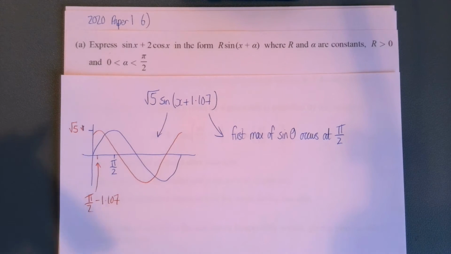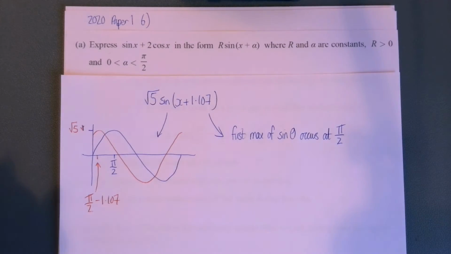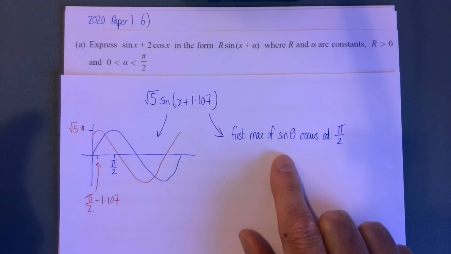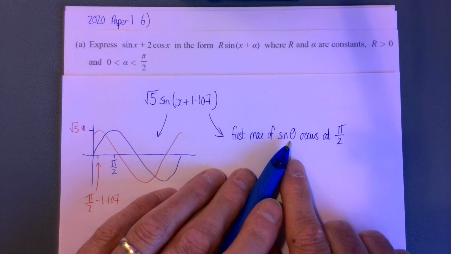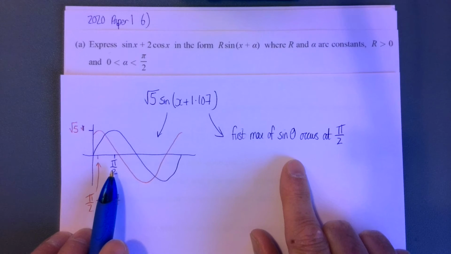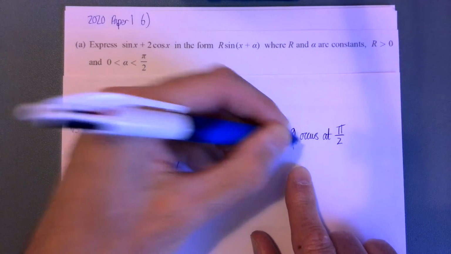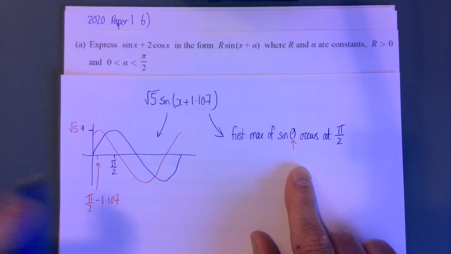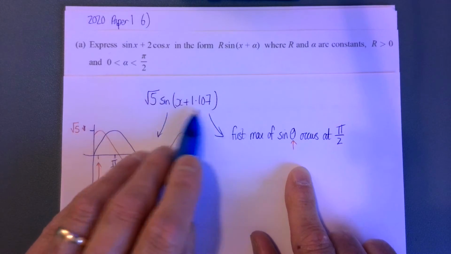I note that the mark scheme uses a slightly different approach, and again, you're not asked it in this question. It says, right, sine reaches its first maximum at pi over 2. So its first maximum occurs when this thing here is pi over 2. Now we're being asked about sine of x plus 1.107.